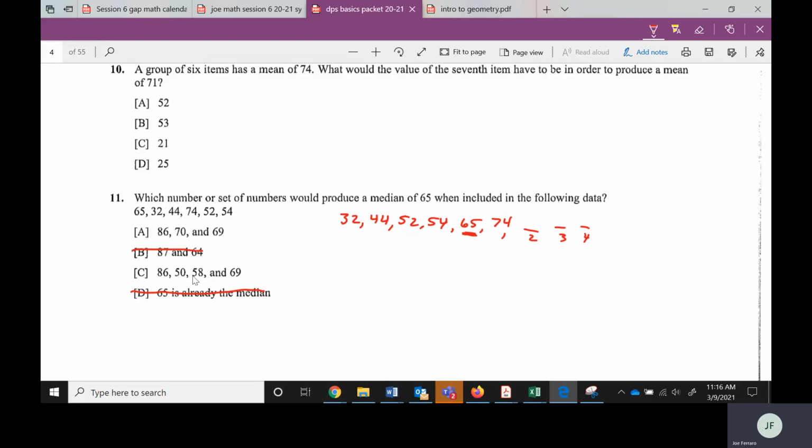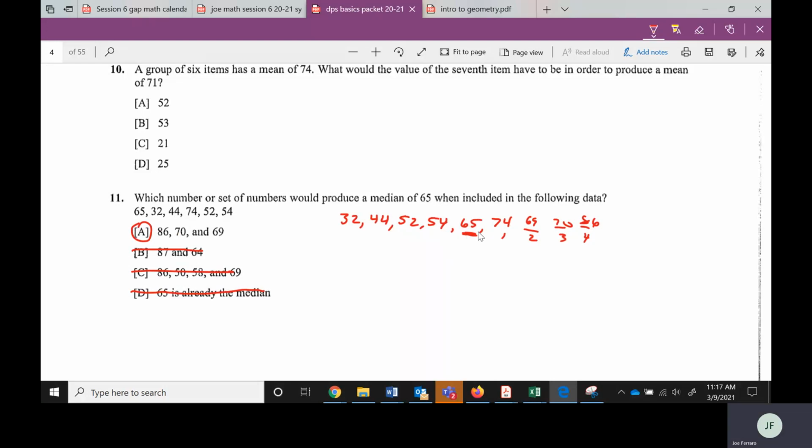It doesn't even give us 3 numbers. This gives us 4 numbers, but 2 of them are smaller and 2 of them are over. That doesn't change where the middle is right now. So if we put these numbers above, they wouldn't necessarily be in order, but they'd all still be above 65, and that would give us our median.